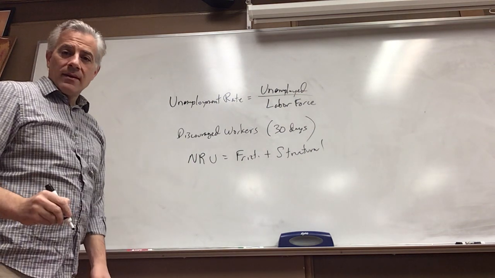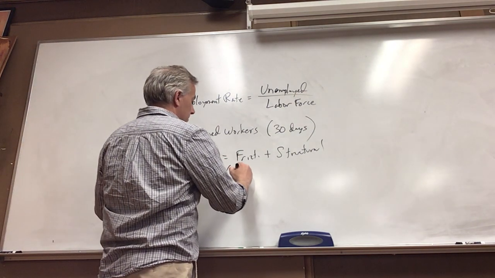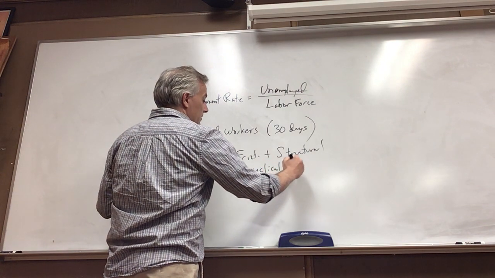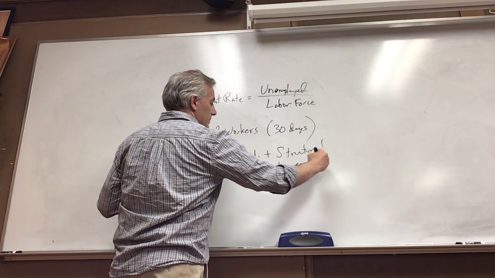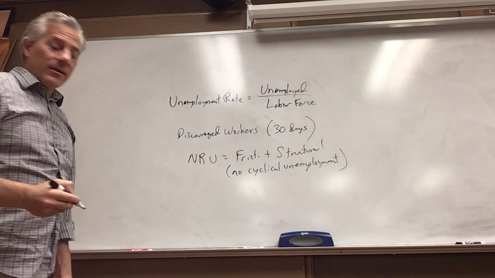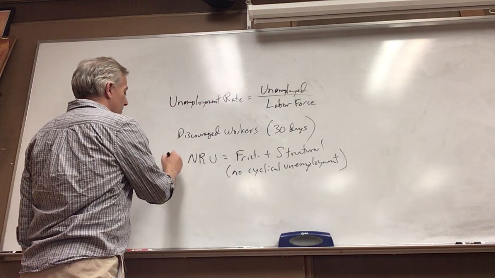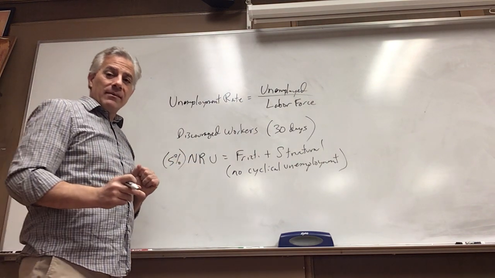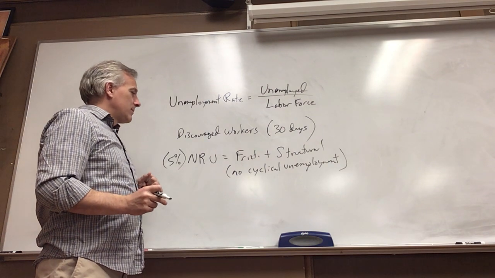Okay? So in other words, as long as there's no cyclical unemployment, that is the natural rate of unemployment. And in general, we consider it about 5%. And the natural rate of unemployment means the economy is at full employment. Okay?